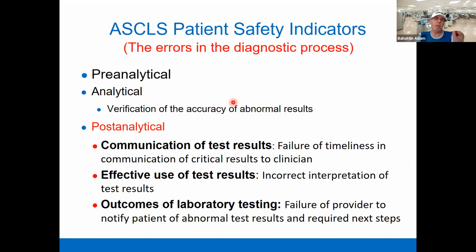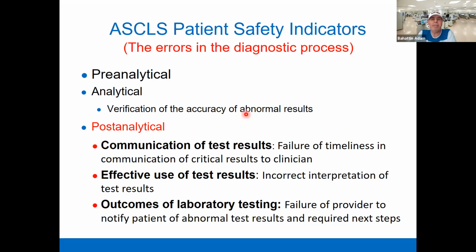Therefore I am going to skip that phase now. During the post-analytical phase, there are three common errors: communication of the results, effective use of the results, and outcome of the result testing.